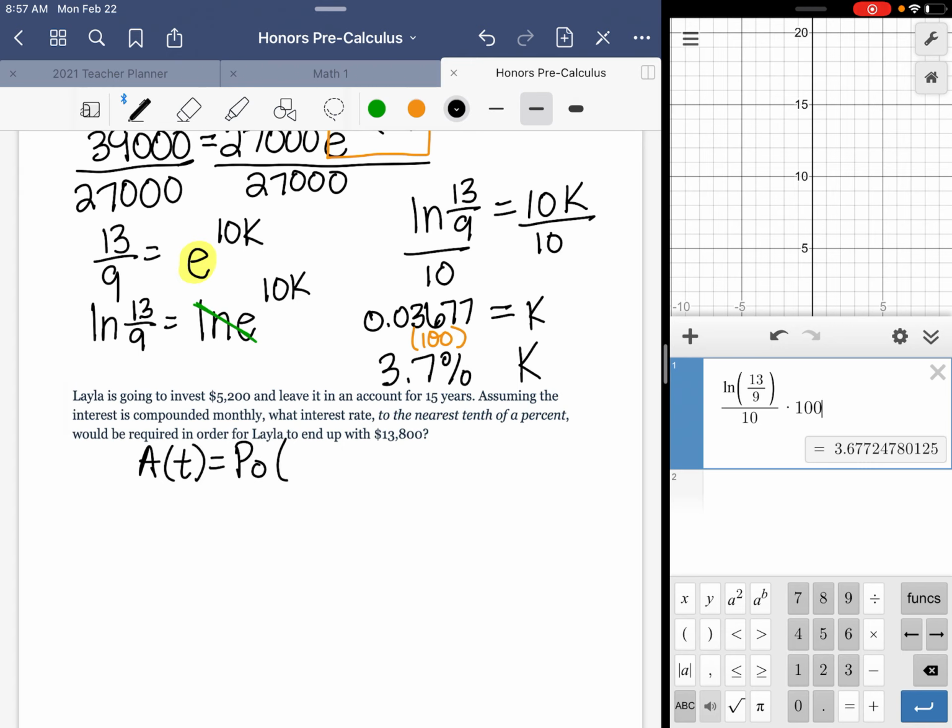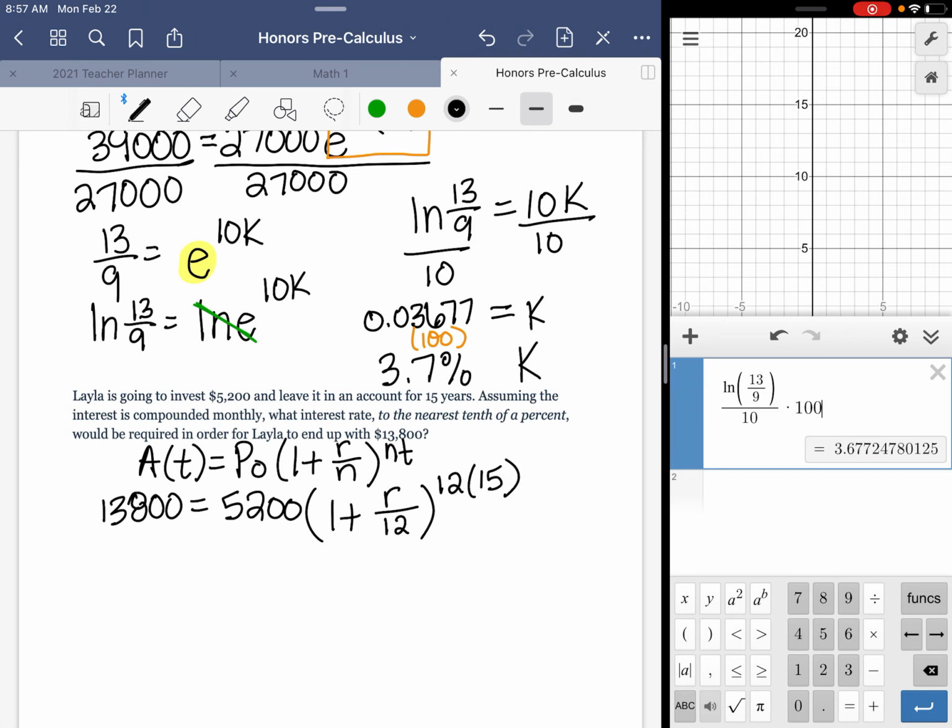So we have P sub 0 times 1 plus r over n raised to nt. So we're going to be solving for r. So we have 13,800. Our initial value is 5,200. 1 plus r. Now my n is going to be 12 because it said compounded monthly. And then I have 12 times 15.